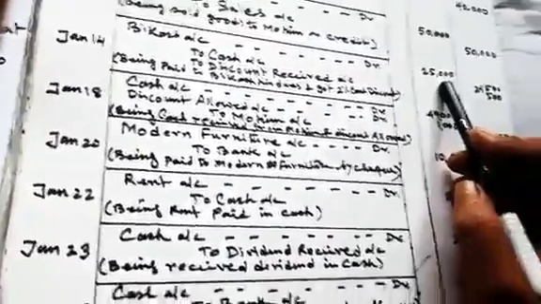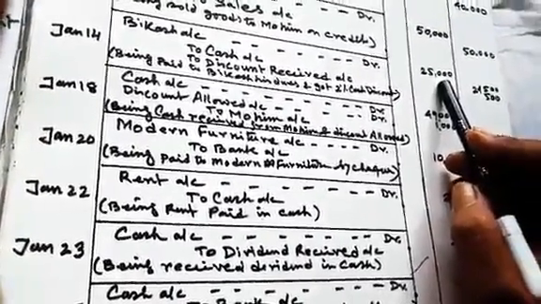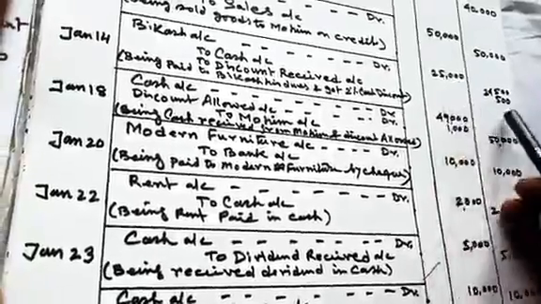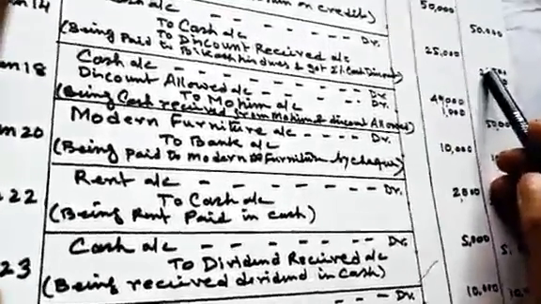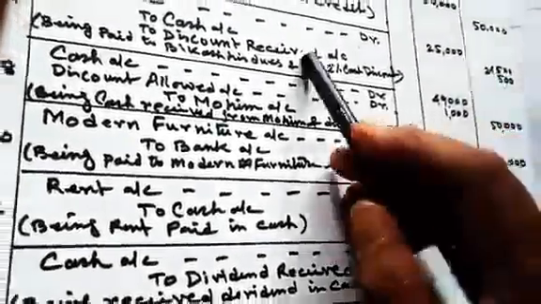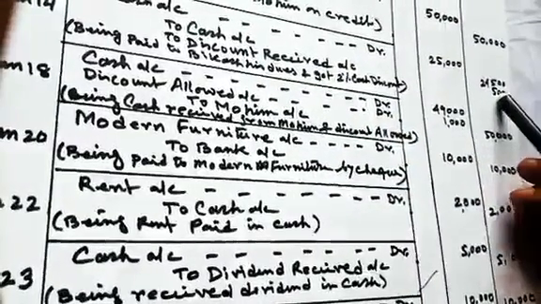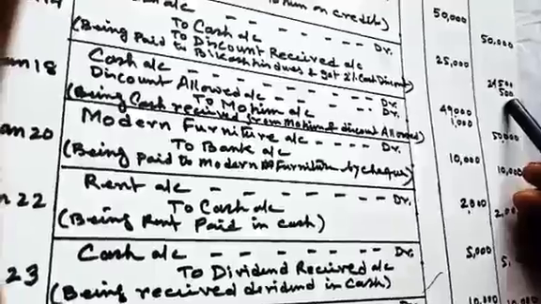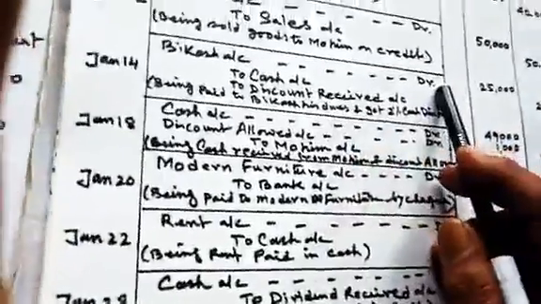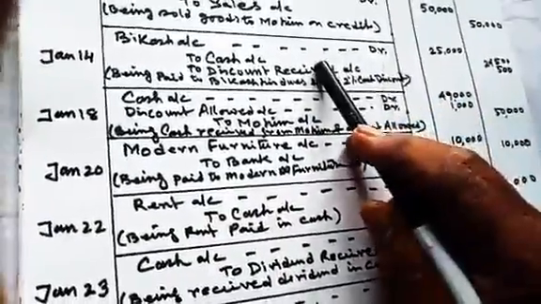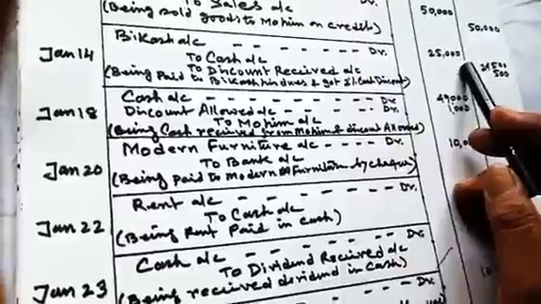But you are paying after deducting the cash discount, that is 500. So you are paying 24,500. So cash you are giving 24,500, discount received 500, and the dues on Bikash account was 25,000.